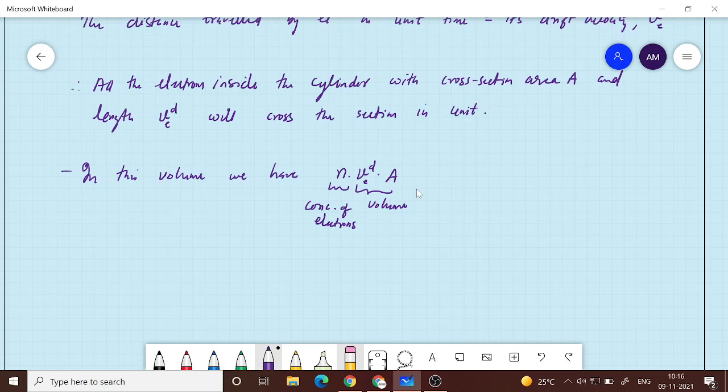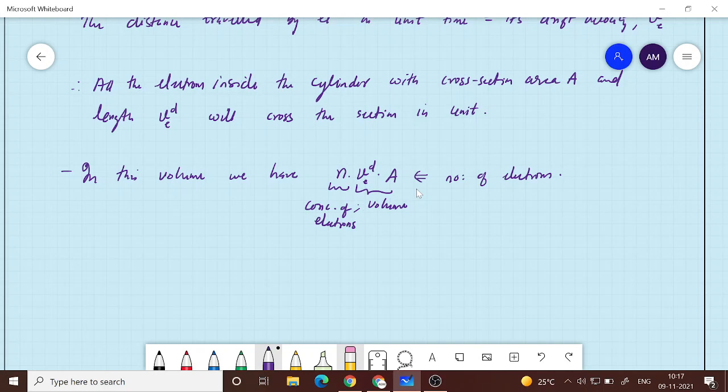The concentration of electrons multiplied by the volume will give you the number. So this is the number of electrons which is moving in unit time through that cross section that we have considered.